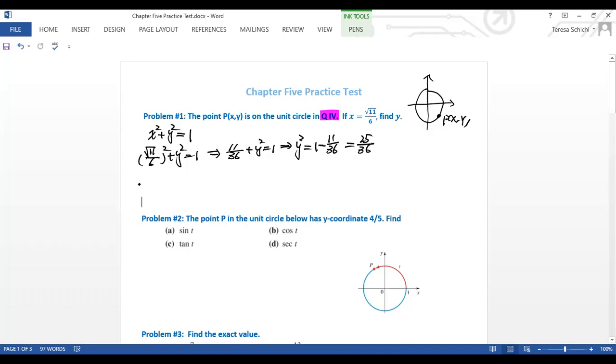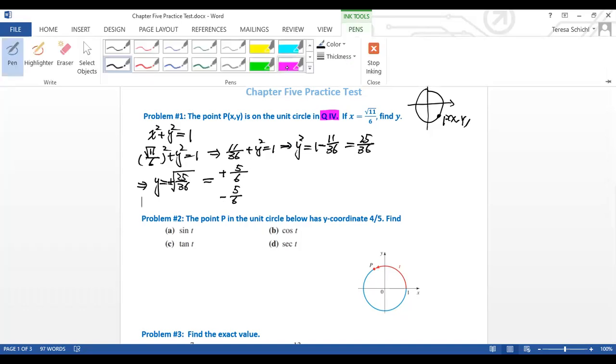Okay, so now I'm going to take the square roots, right? When you take the square roots, you're going to have a positive or negative. So y is going to be plus or minus the square root of 25 over 36. So y can be 5/6 or negative 5/6, right?